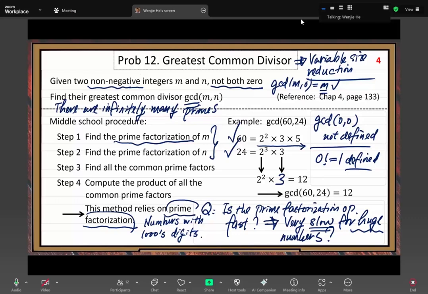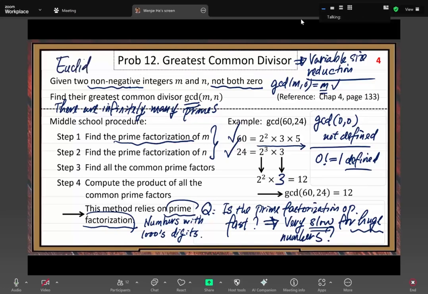You may have heard of the famous Greek mathematician Euclid. We will talk about the Euclid algorithm soon.